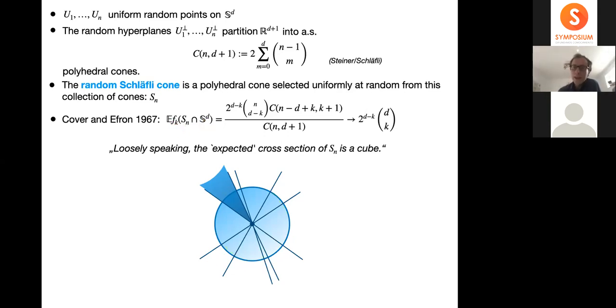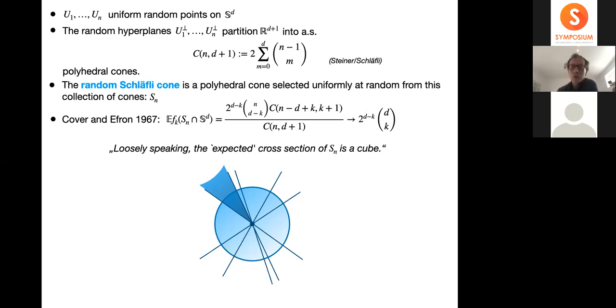Yeah, k and d are fixed and n tends to infinity. Then just this ratio here converges to, yeah, then you just see this binomial coefficient coming from, yeah, you have to see which one of those is winning. Yeah, this is very easy here. But as n tends to infinity, in all that I tell you, the dimension is fixed.